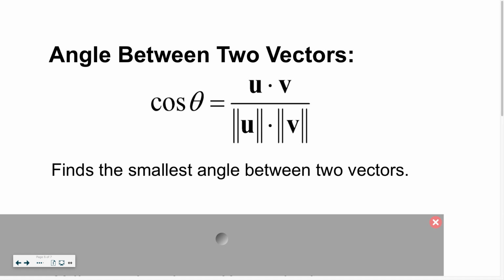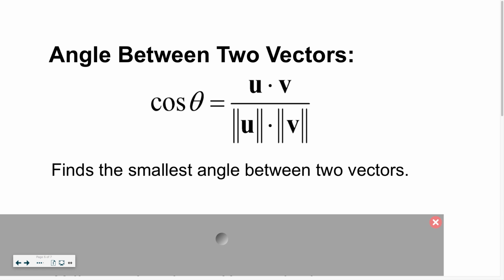Okay, so here's the one use of a dot product. We can calculate the angle between two vectors. To calculate the angle between two vectors, you'll have cosine theta equals, and then notice the numerator says u dot v, and the denominator says magnitude u times magnitude v.